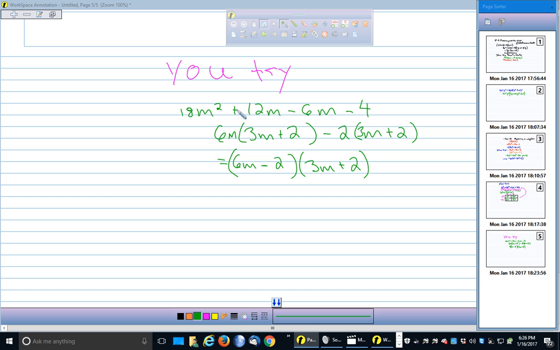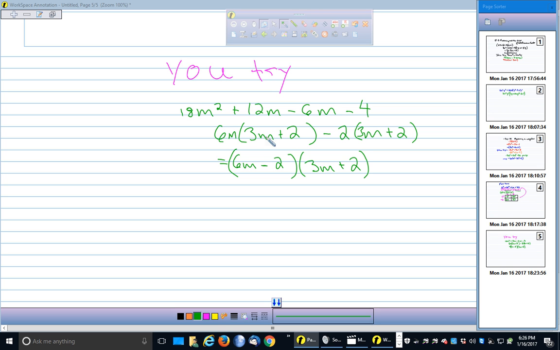Okay, I'm back. So if you did this one, you should have got 6m minus 2 times 3m plus 2. So I looked at these first two terms and I said, oh, the greatest common factor in both of these, the number, is 6. So I could pull a 6 outside, but I could also pull an m outside.